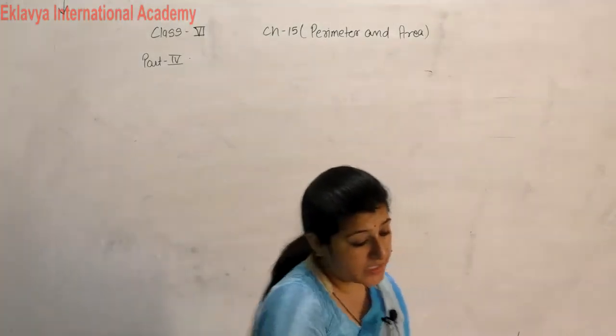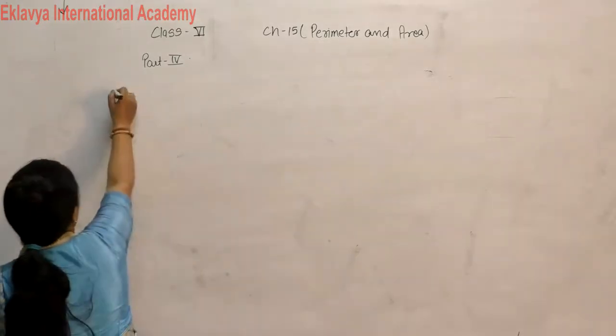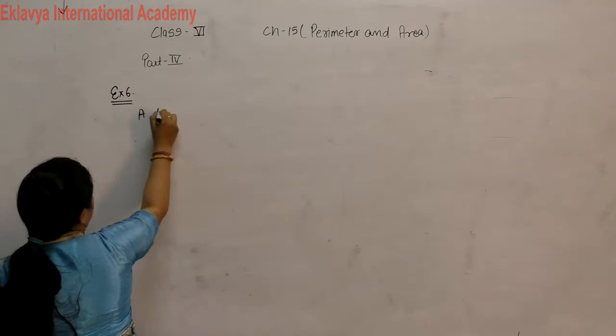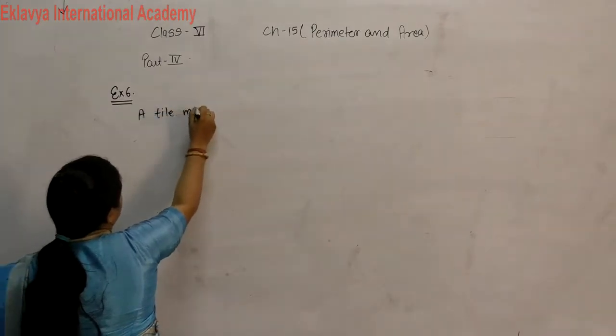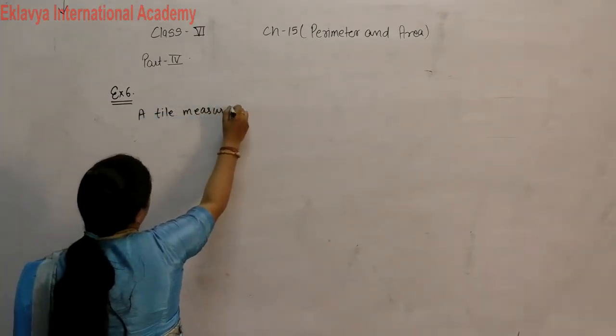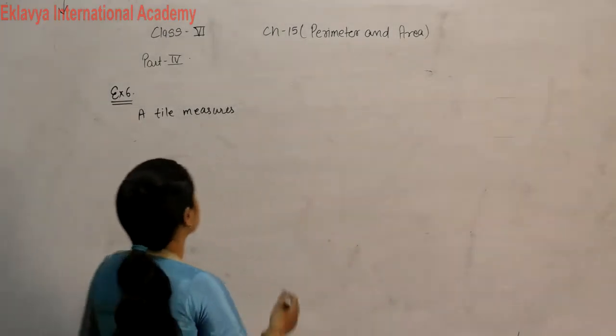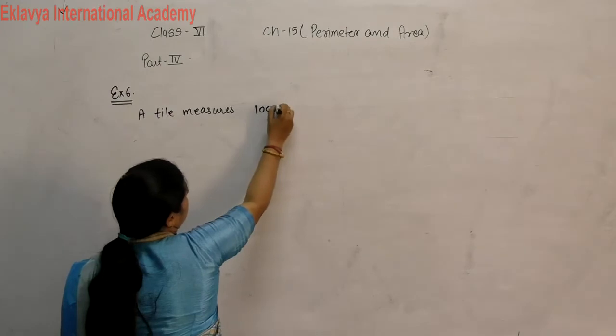Example number 6. A tile measures 10 centimeter multiplied by 10 centimeter.